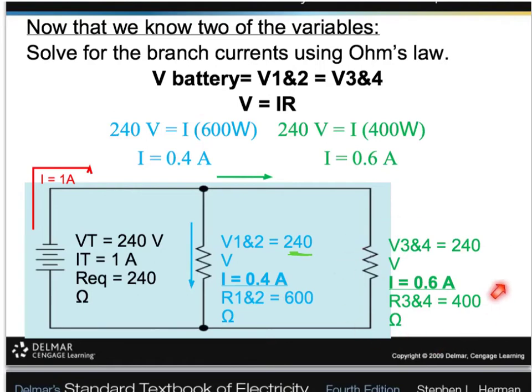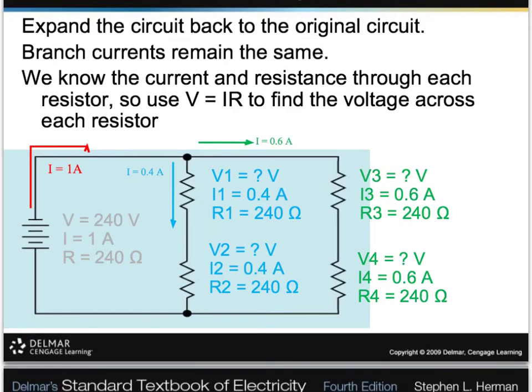Same thing with the other side, we can do the same thing. And then we find out that, look, our 0.4 amps and our 0.6 amps adds up to the 1 amp that came out of the battery. So 1 amp came out of the battery, 0.4 amps went this way, and 0.6 amps went that way.